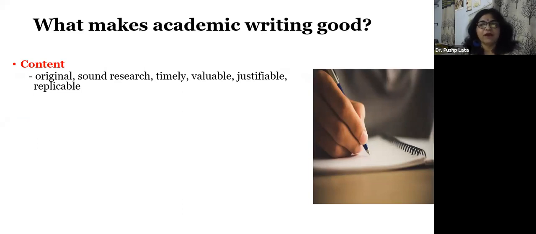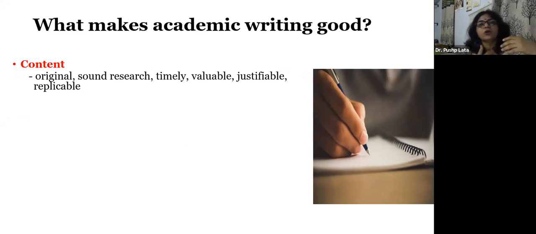Very true. We have content. If you really want to understand what makes academic writing good, you will find it's the content which comes first. Your own understanding, how original it is, what kind of sound research you have done in that, whether the research has been timely done.